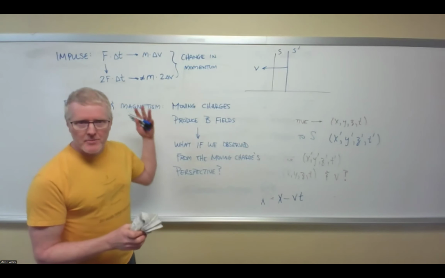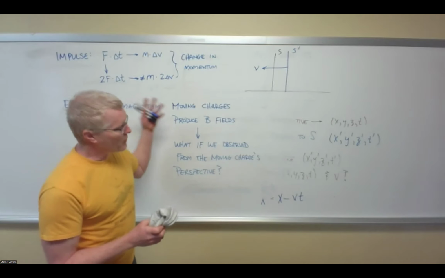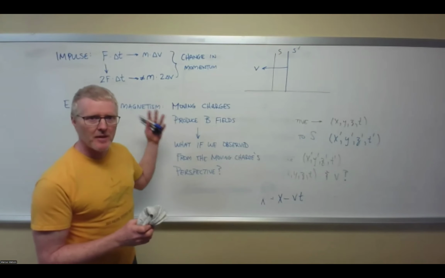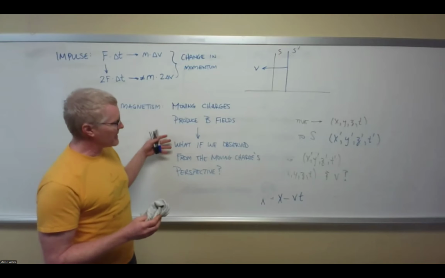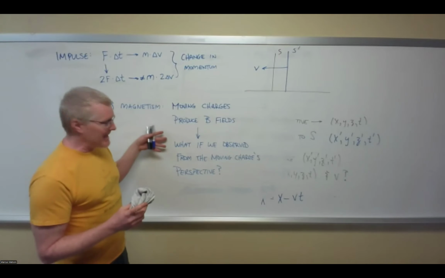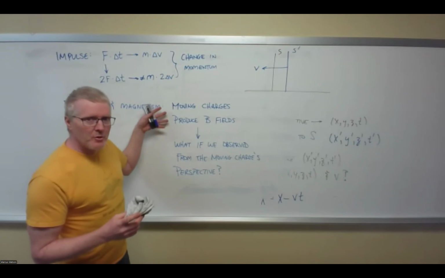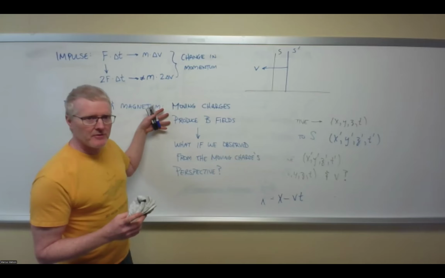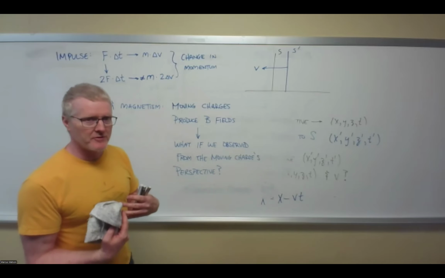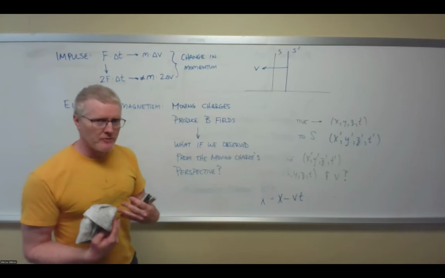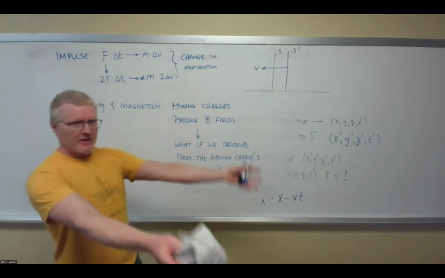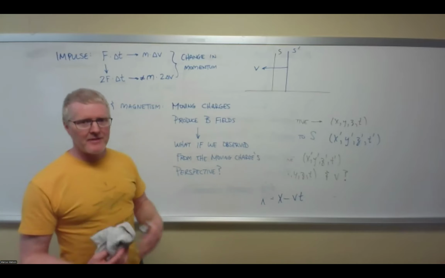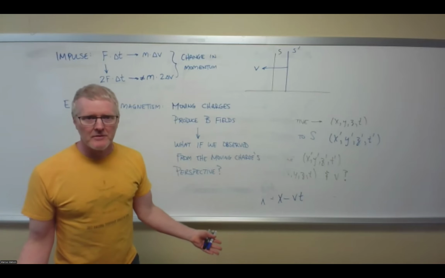Okay, so there are some problems with these answers because ultimately, what is this getting at? If moving charges produce magnetic fields, and I jump onto the moving charge's reference frame, then I'm not moving. Everything else is moving past me, and therefore I don't produce a magnetic field.